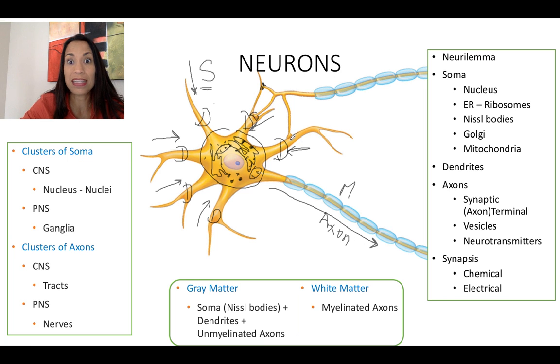It can be a gland, and all of these form a synapse. So a synapse is the site where one neuron communicates with another cell. And remember, the other cell can be either another neuron, a muscle cell, or a gland cell. So this is the synapse.